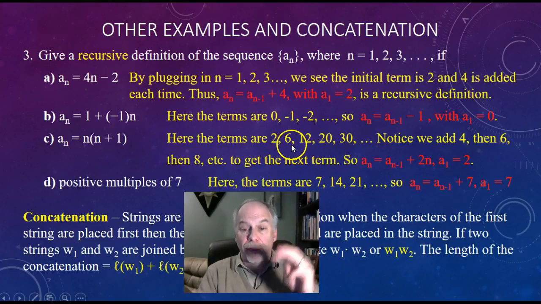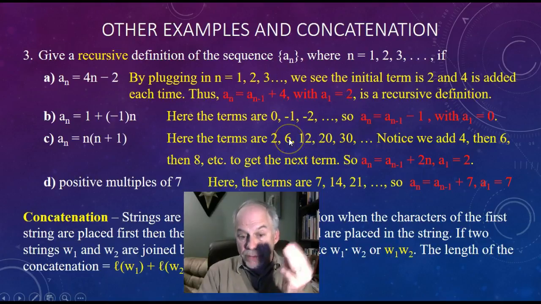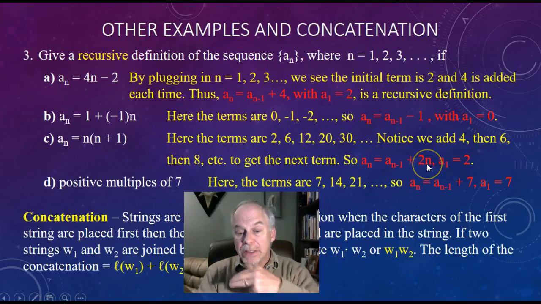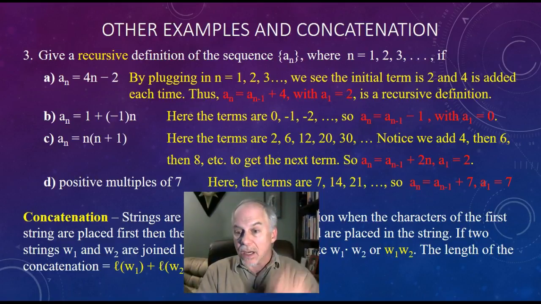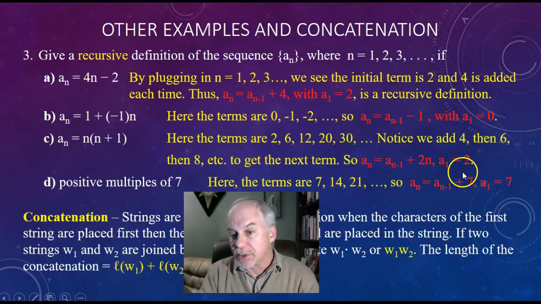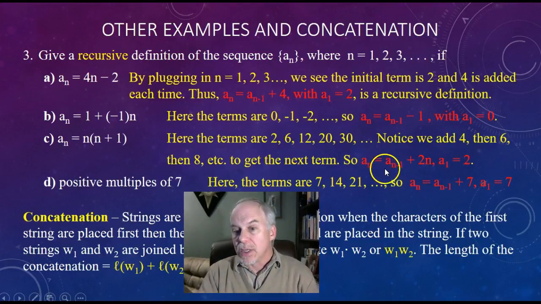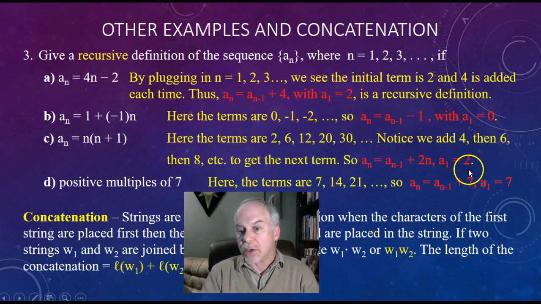When you're looking for the third term, you add 2 times 3. So you're always adding 2 times the n, or the subscript n, to get the next term. All right, so this formula will work if you start with your first term being 2.